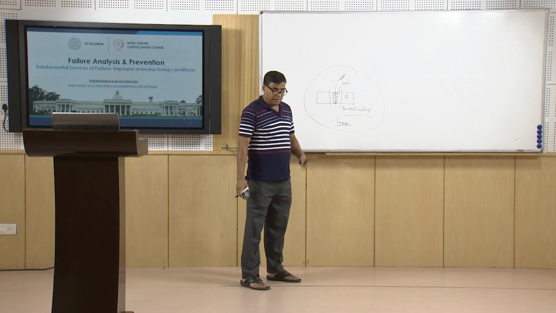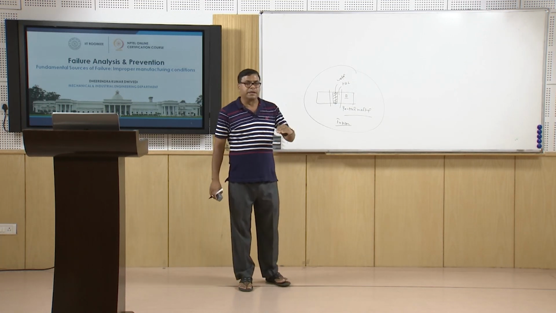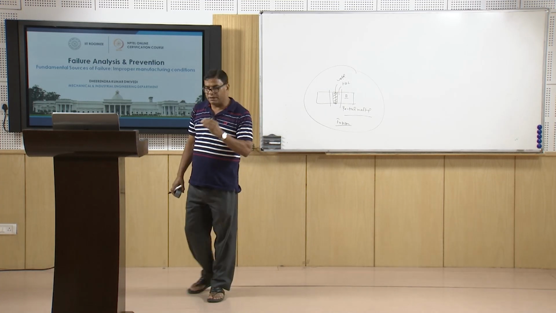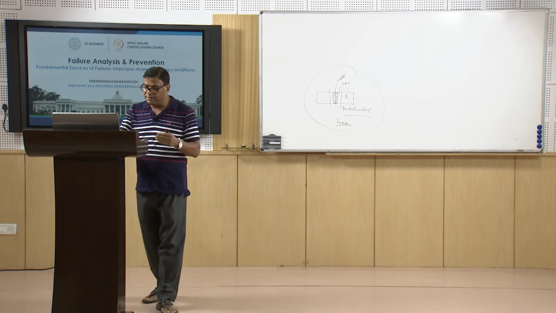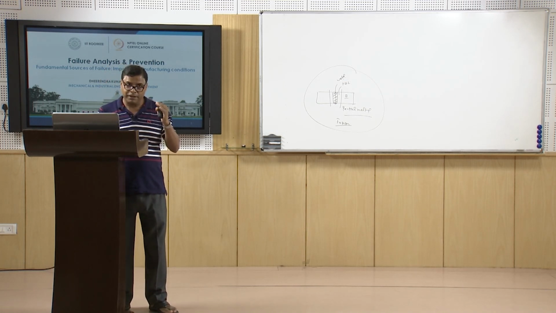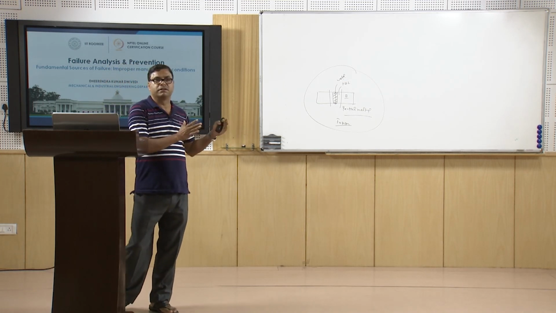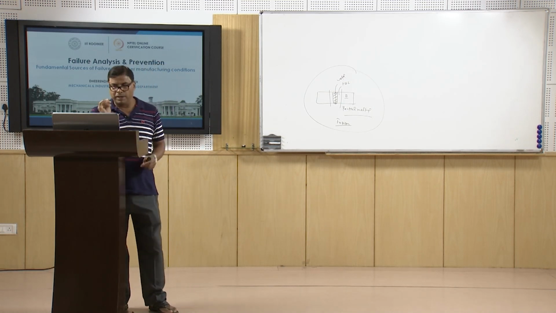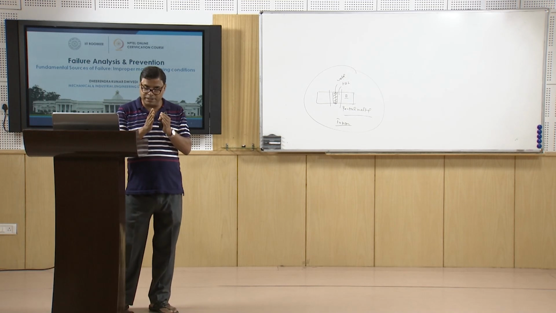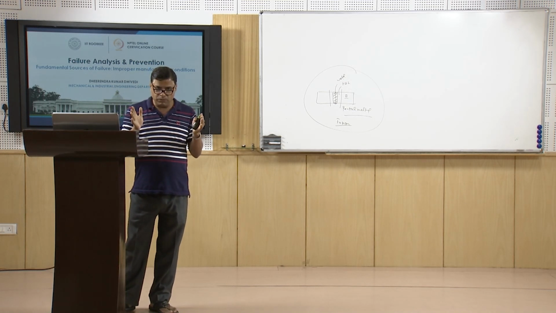What I'm trying to say is that there are different categories of processes, and each process results in a different kind of structure and properties of the weld, as well as the zones next to the weld region, which in turn affects the properties of the weld. Therefore, we need to see that our welding procedure is appropriate, so that at least the weld joint is metallurgically and mechanically sound and free from defects.